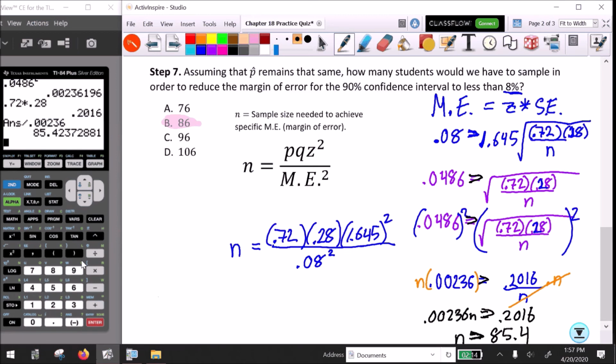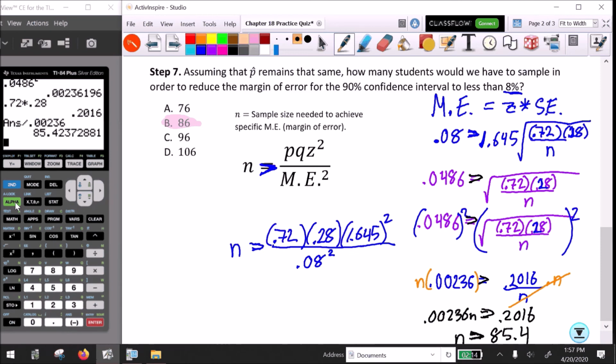If I could adjust this formula a little bit, I would say that this should be a greater than symbol. You always have to round up here because the margin of error that we're required to achieve, it usually says we need a margin of error to be less than that percent.